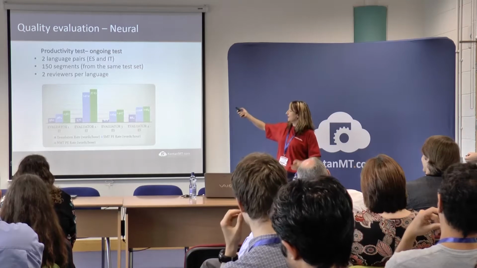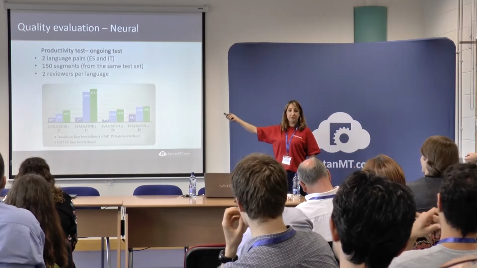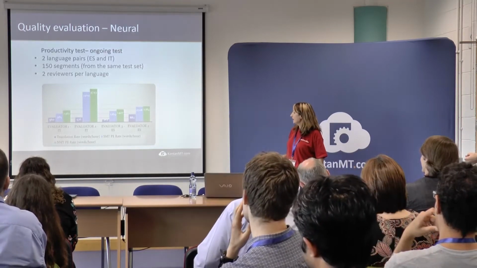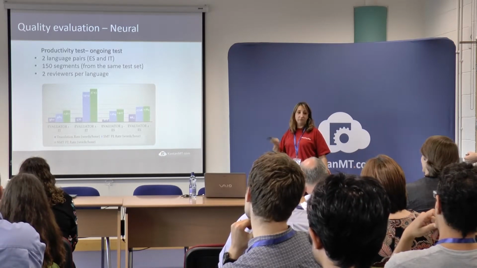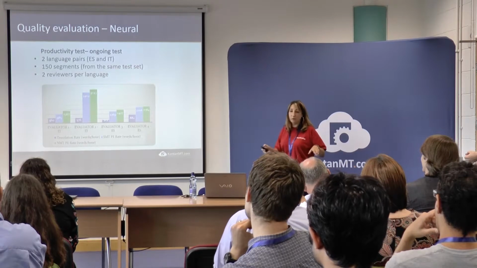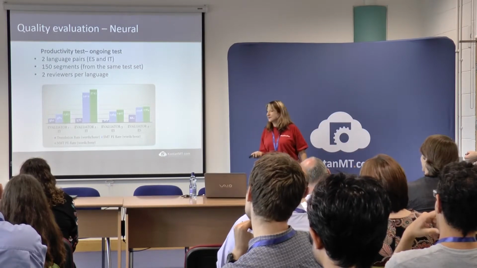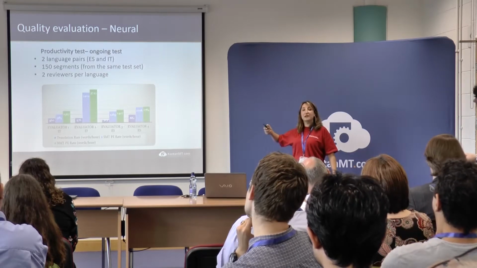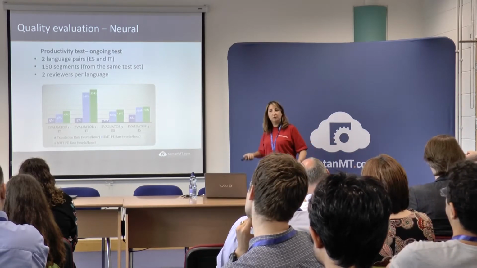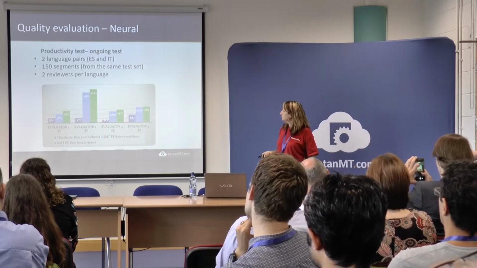And then she still manages to improve on NMT. So everybody improved on NMT. Everybody improved greatly from straightforward translation to SMT, but then there was still a good increase on NMT.